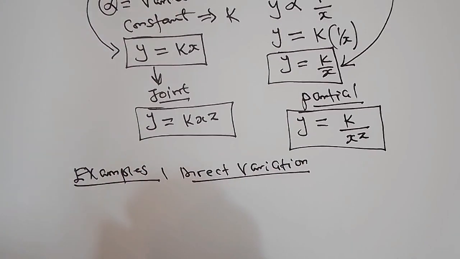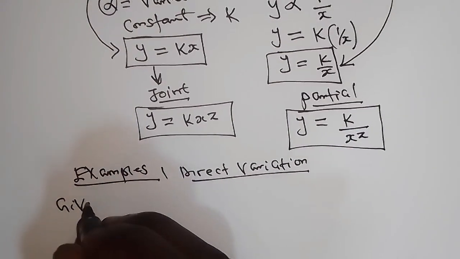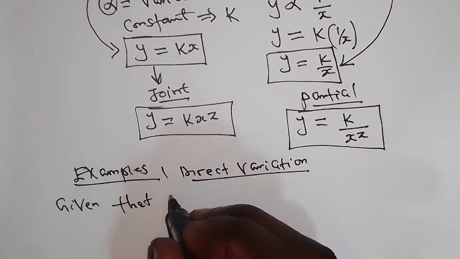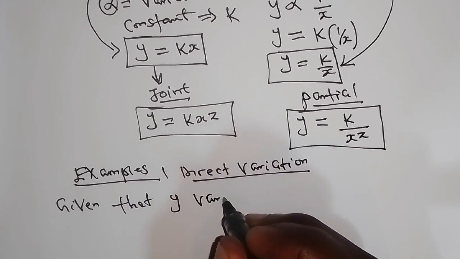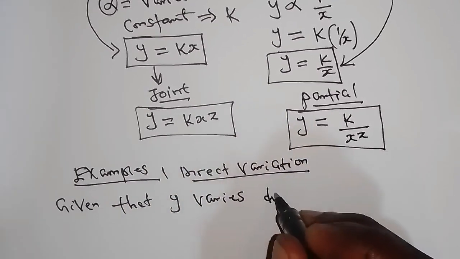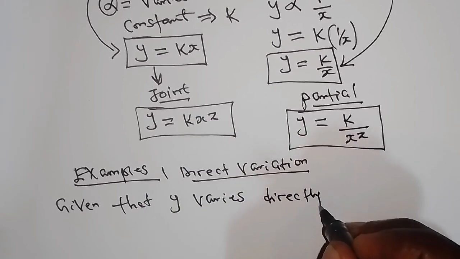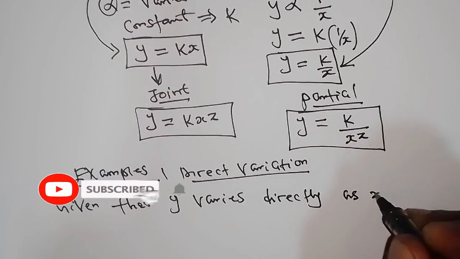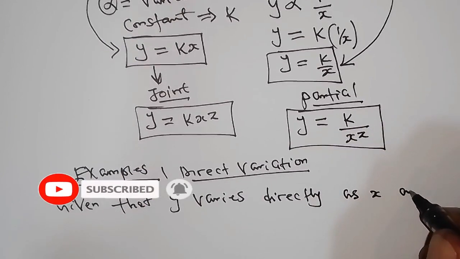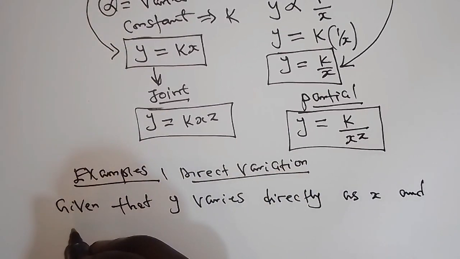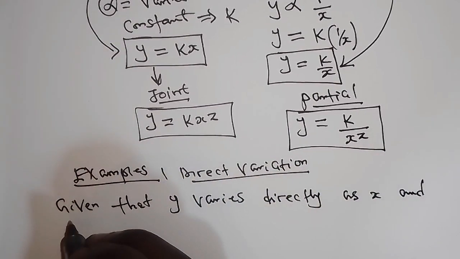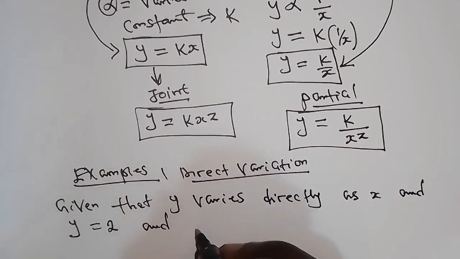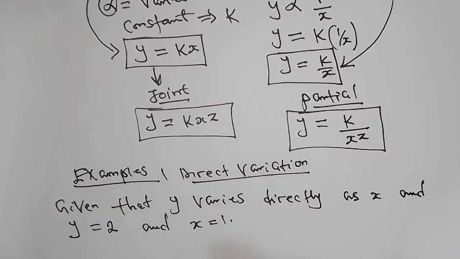Okay, so in this case we have, say, given that y varies directly. So this is how you can know that this is a direct variation. y varies directly as x, and y is equal to 2 and x equals 1.